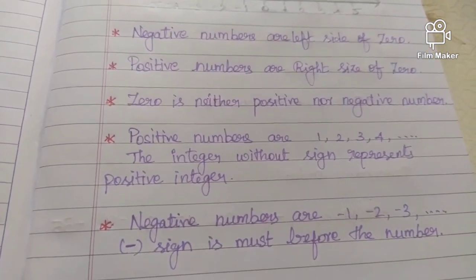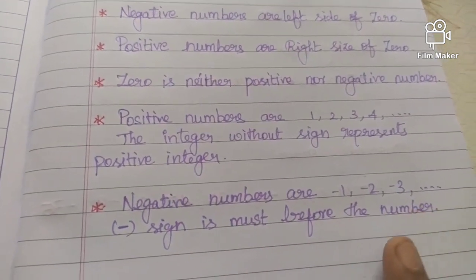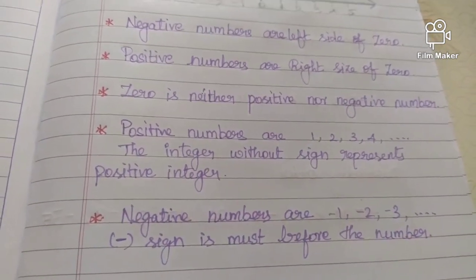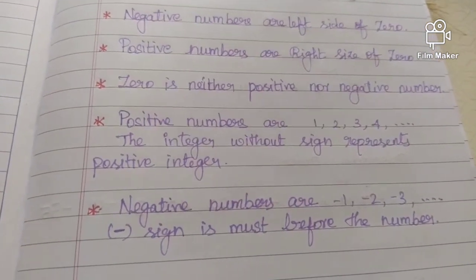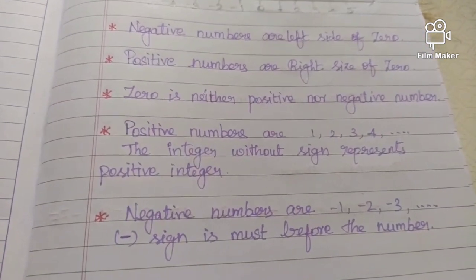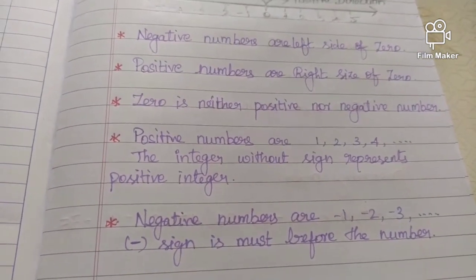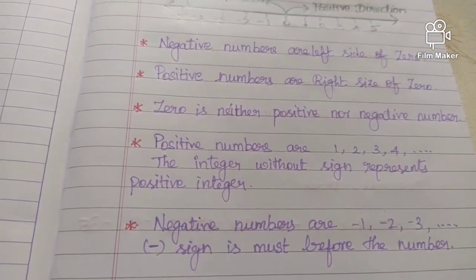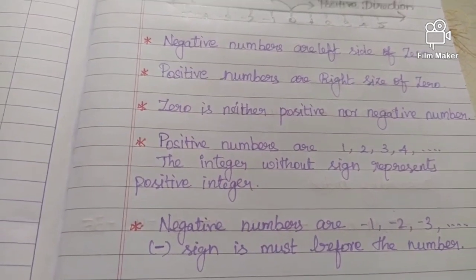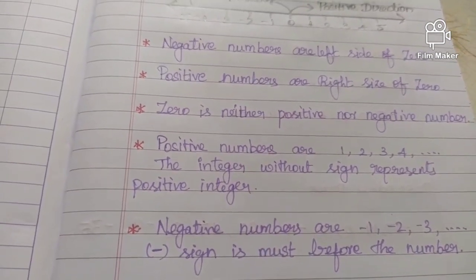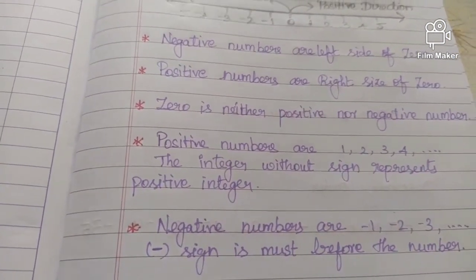A minus sign is a must before a negative number. These are all basics which we learnt in the previous grade itself. I hope you can follow very clearly. Then we're going to start with some other examples. Just follow me. Don't miss the class.